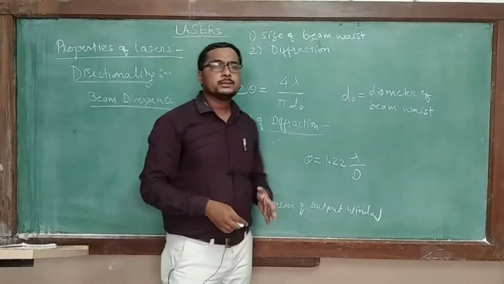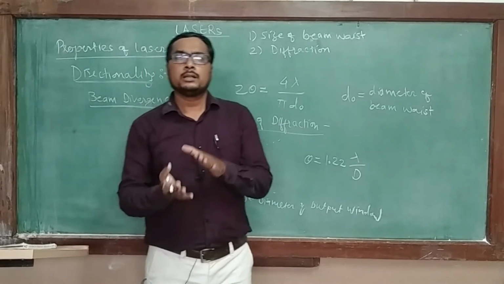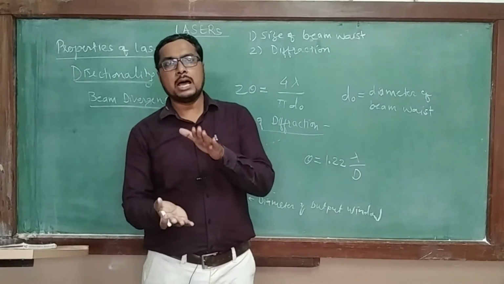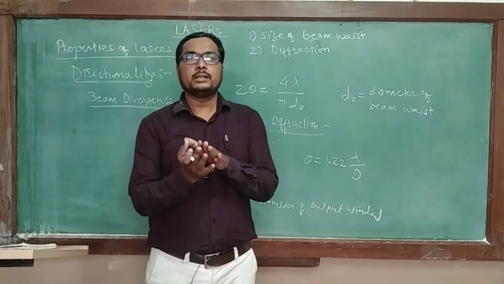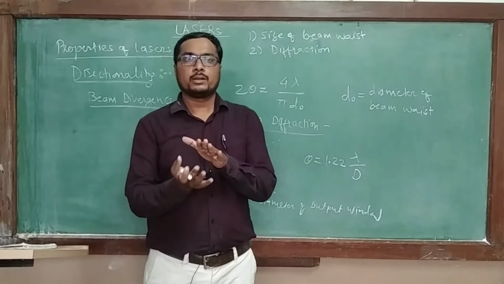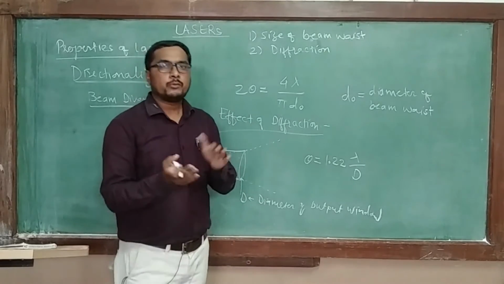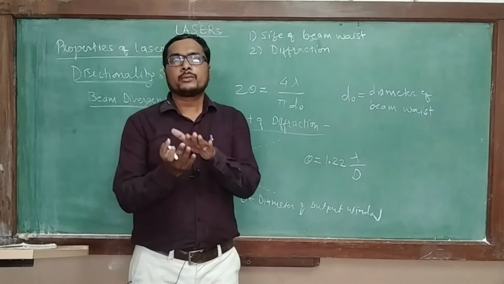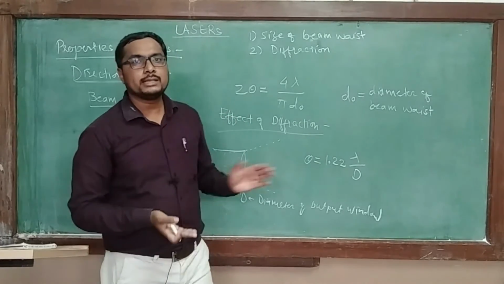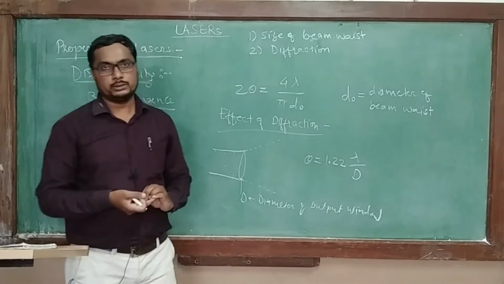One can see that if the diameter is large, the diffraction will be small, right? For a small diameter of the output window, the diffraction will be large because it is inversely proportional.